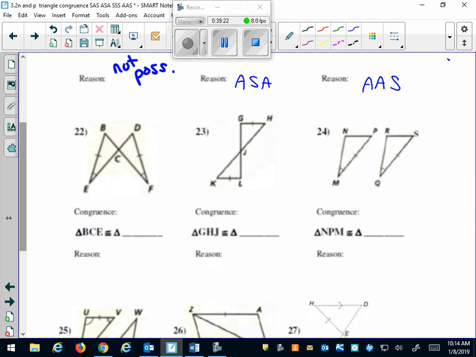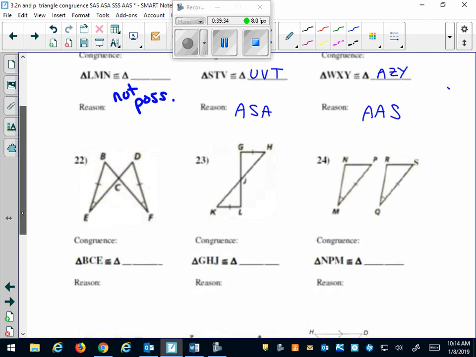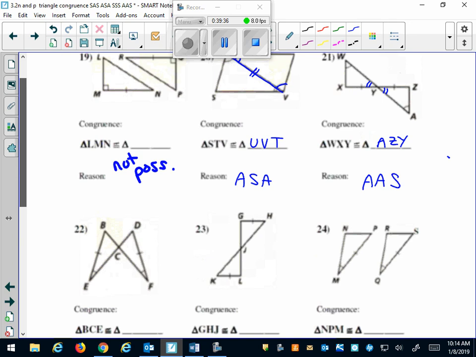22. Be careful because I see a lot of people marking sides congruent for really no reason. You have to stop yourself and say, if I was writing a proof here, what reason would I give? Up here, we would say reflexive property when we marked that. We have a reason. Here we would say vertical angles theorem. We have a reason.